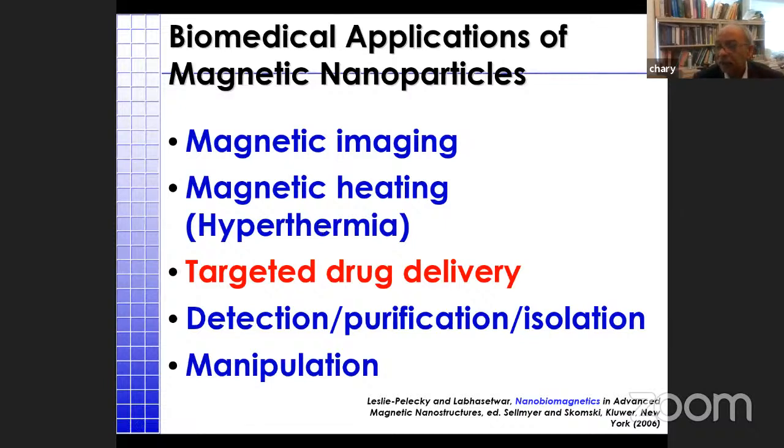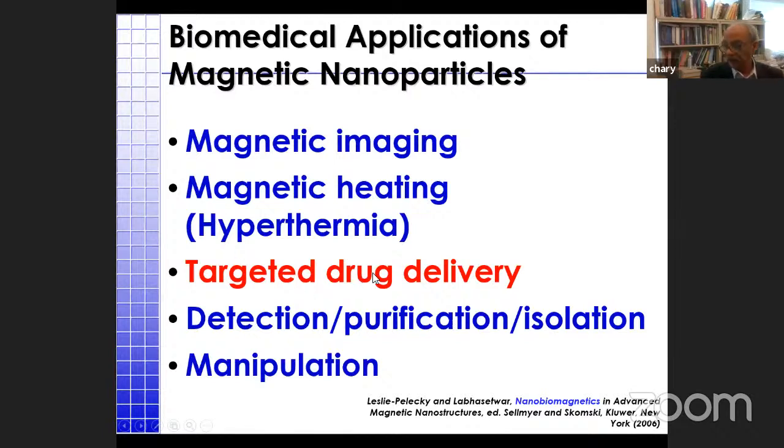Hysteresis loss comes in the form of heat and increases the local temperature of the tumors by just 5 degrees Celsius, which is enough to kill it. Once you achieve 40 to 42 degrees Celsius near the tumor site, that local heating is enough to kill the tumor. So nanomagnetic particles are getting a lot of importance in creating this kind of hyperthermia treatment.